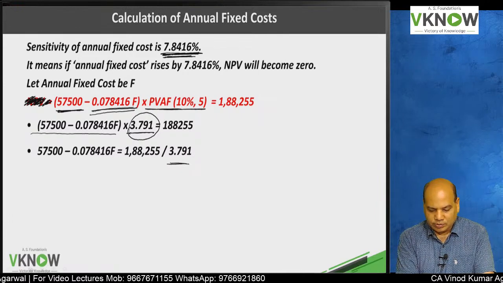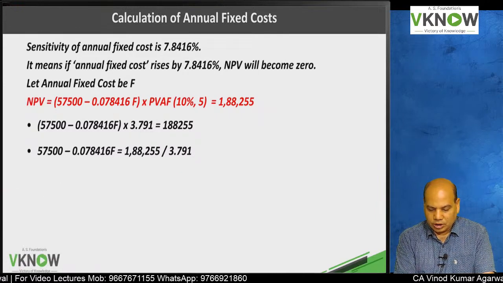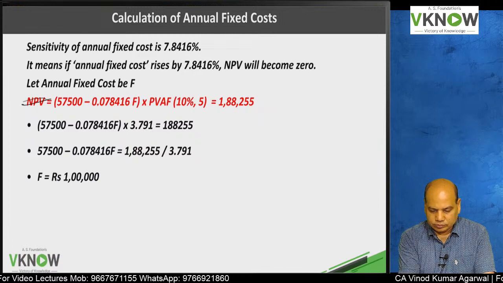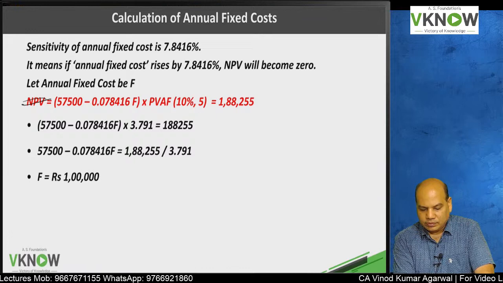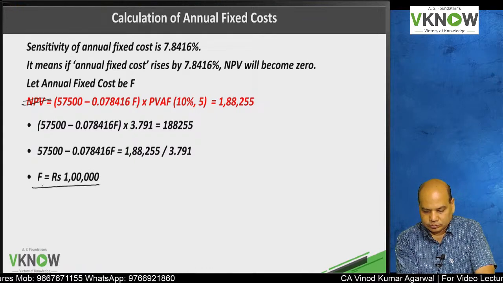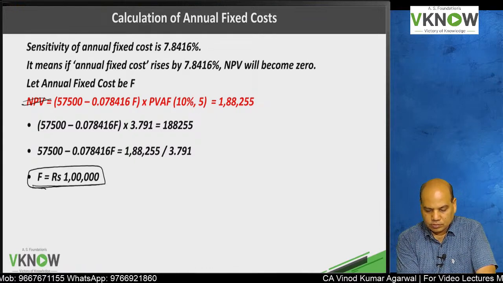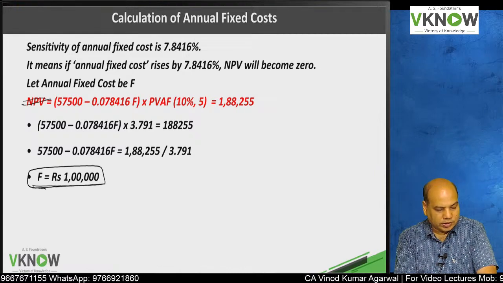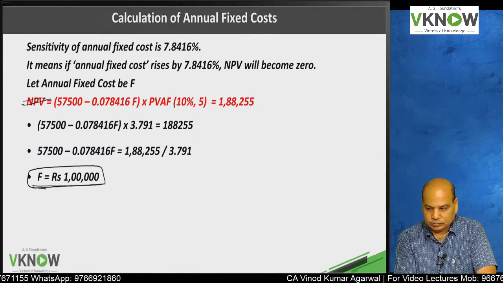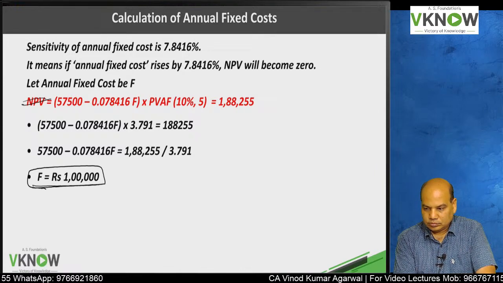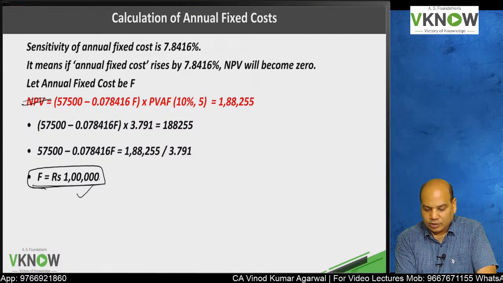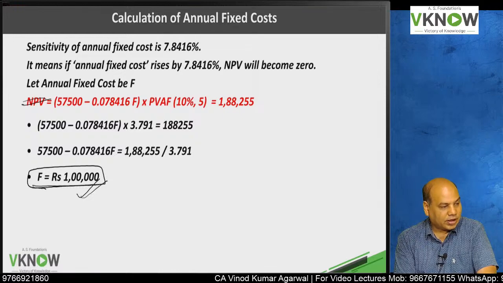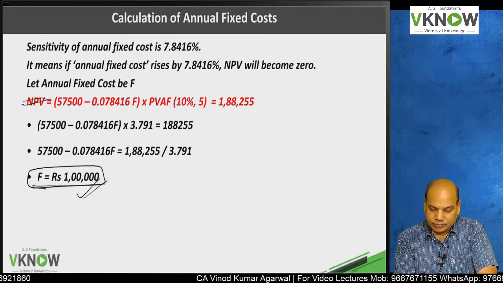You can do it, but I am doing it for you. When you solve this equation, the answer will be 1 lakh. This 1 lakh will be required in my last answer, break even unit.